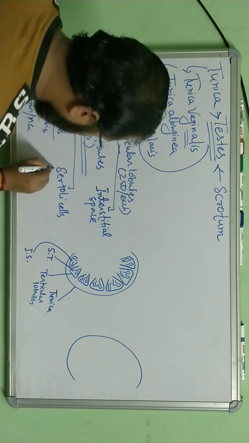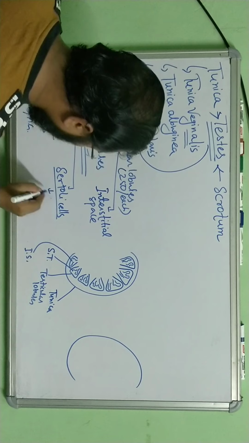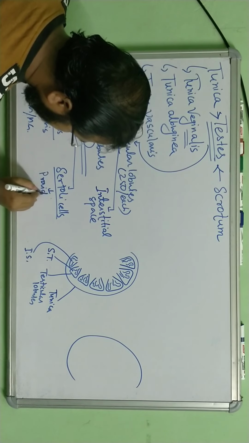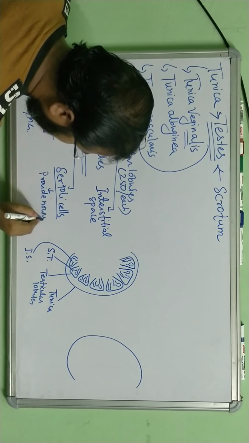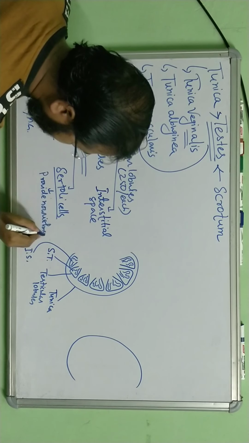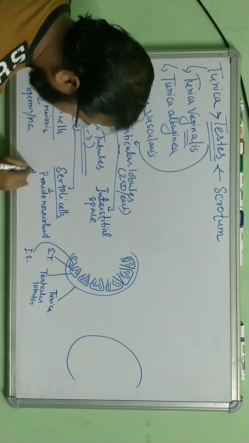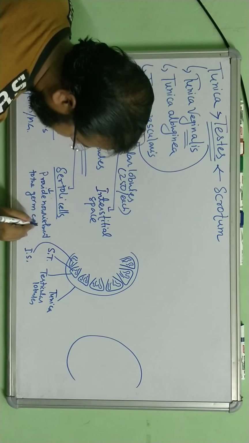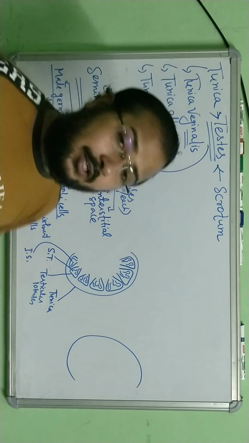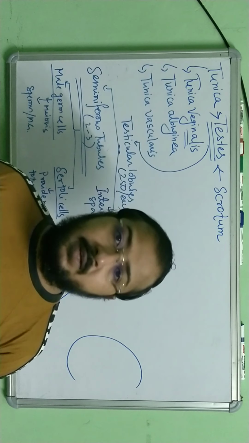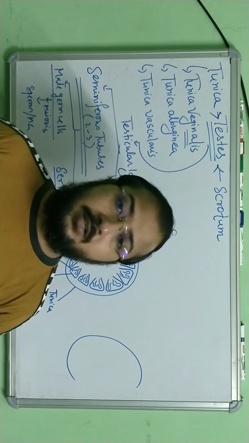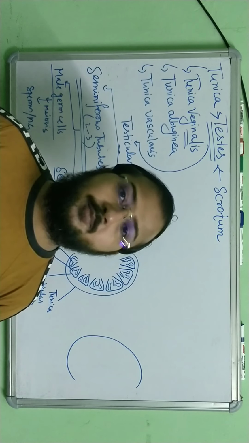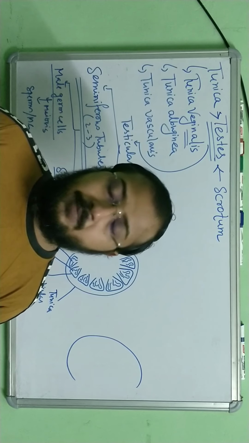And the Sertoli cells provide nourishment. To whom? To the germ cells, because the germ cells undergo meiosis cell division, which is a mechanism that needs nutrients. It has a demand of nutrients while undergoing this process of spermatogenesis, the formation of sperm.